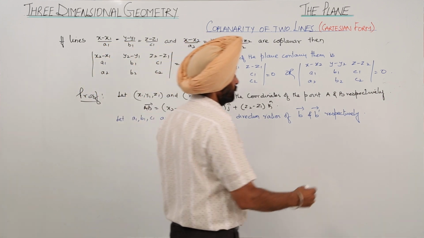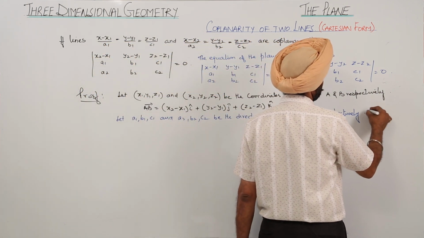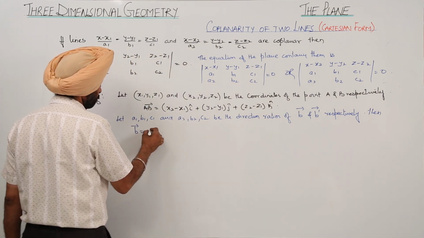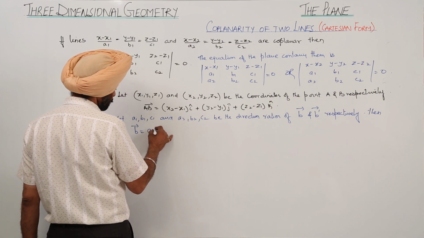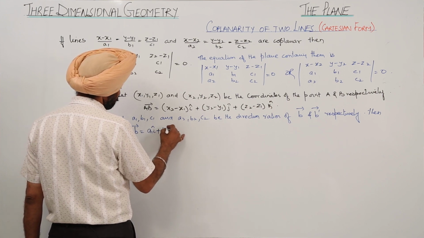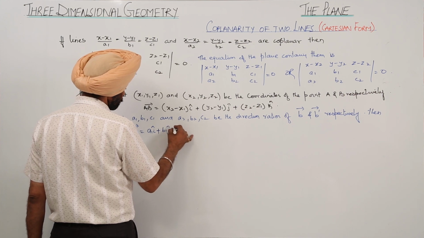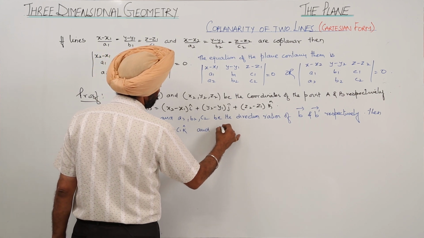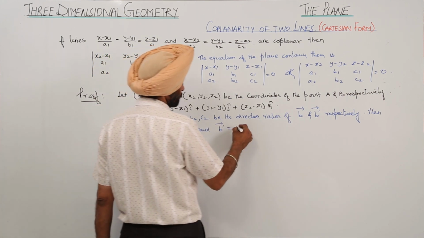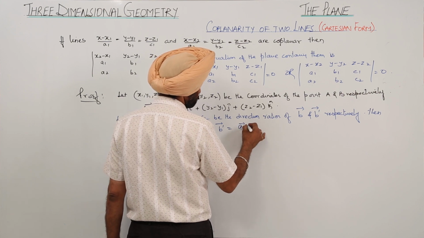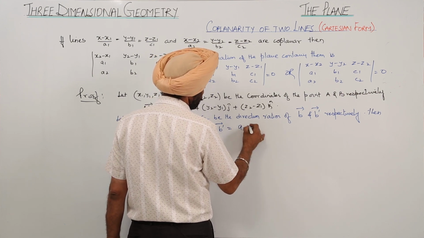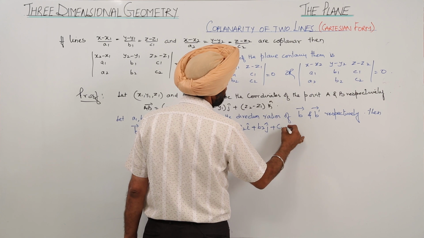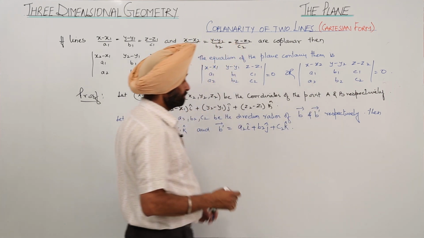Now vector b will be represented as a1 i cap plus b1 j cap plus c1 k cap, and vector b dash can be represented as a2 i cap plus b2 j cap plus c2 k cap.